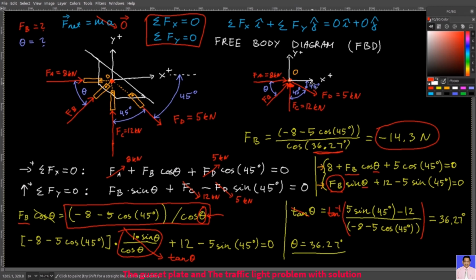What does it mean? Well, if you look at your free body diagram, then note that we assumed Fb to be in this direction, towards point O. But we don't know if that's the case. Instead of this, Fb could be like this.